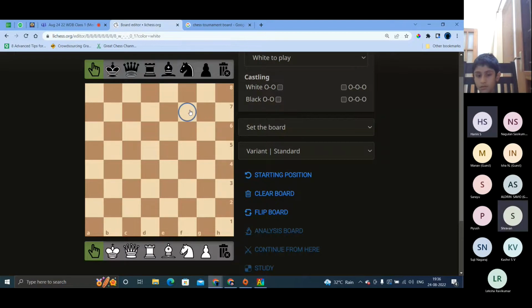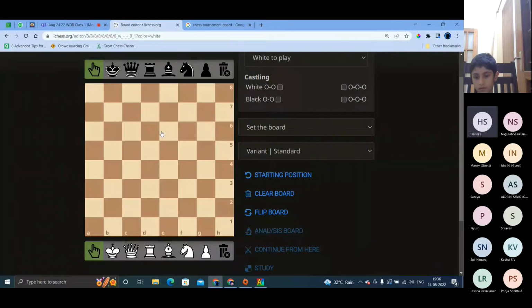F7 light square, ma'am. Now try for this. B2 dark square. Very good. B2 is a dark square. Now, Suji Nagaraj, I couldn't get your name. Okay, you text me your name later.